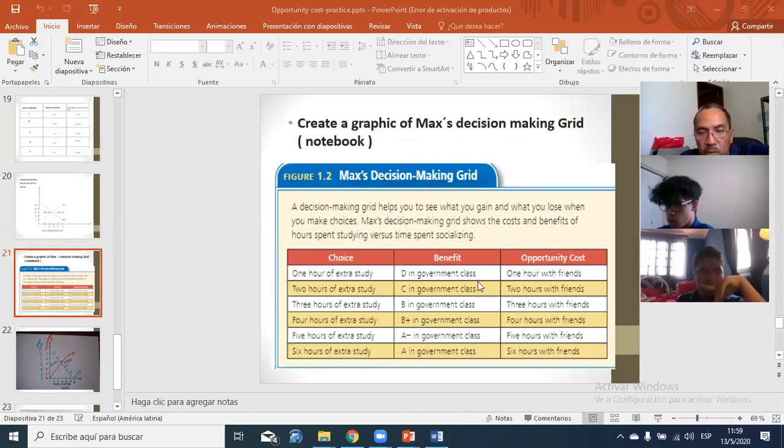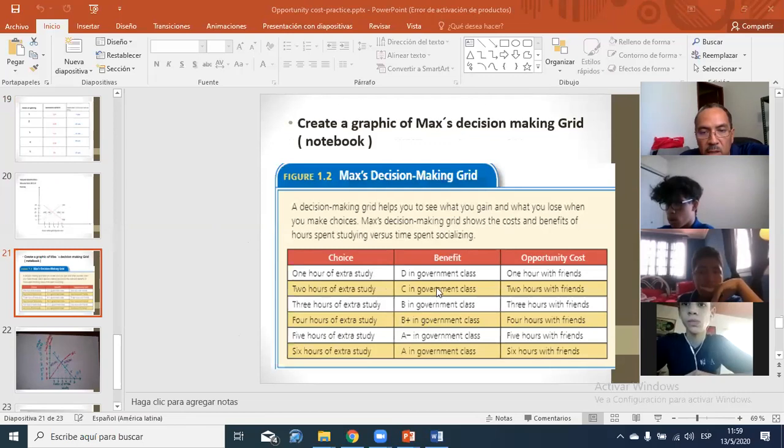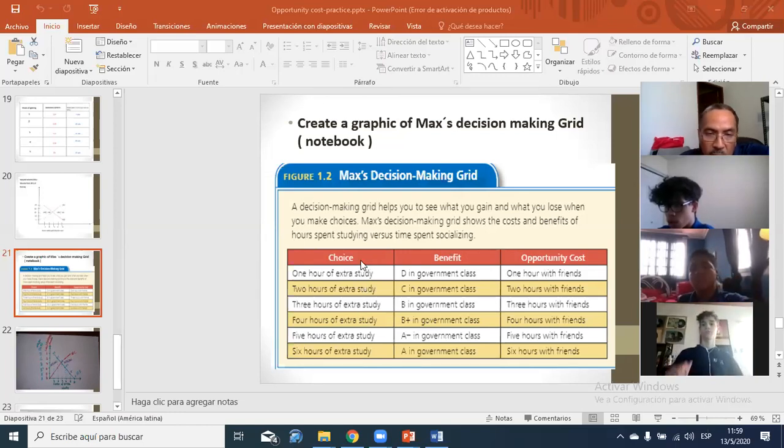Now the marginal benefit is mixing this column with this column, and the marginal cost is going to be when you mix this column, the hours of studying, with the opportunity cost.